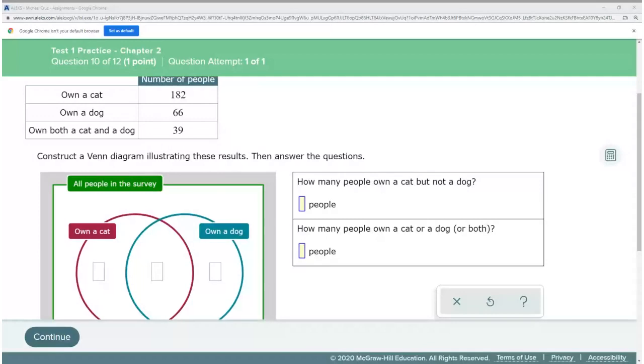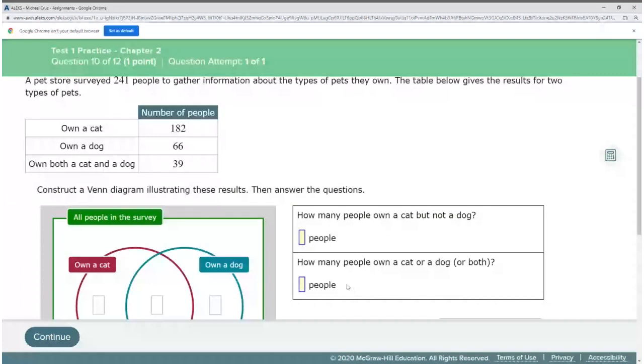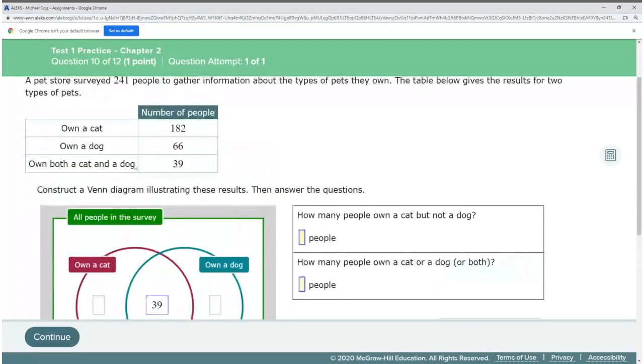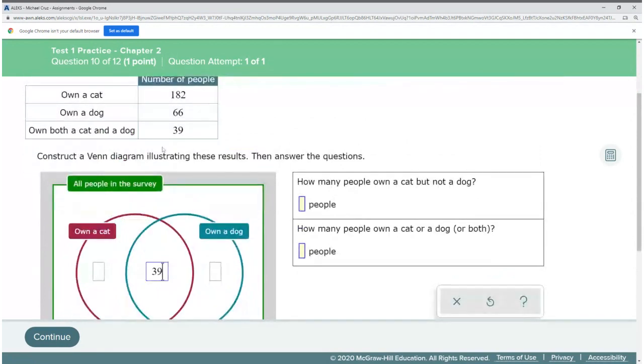All right. So it says we got the information here. So 39 own both a dog and a cat. So that's going in the center. Now, own a cat, it has to add up to 182. So 182 minus 39. So 143 goes here.